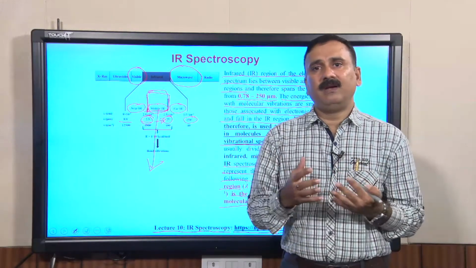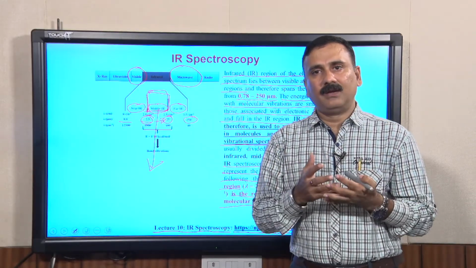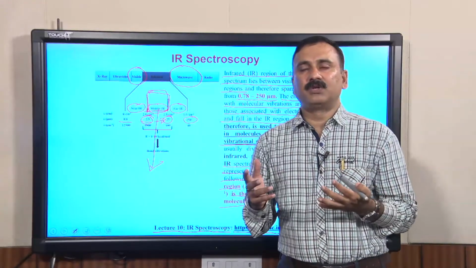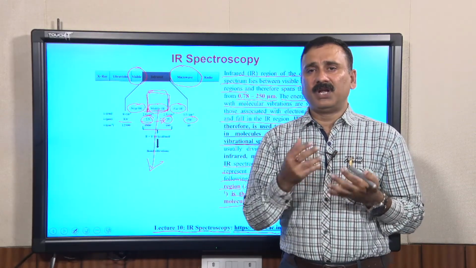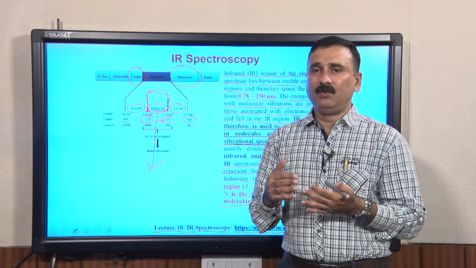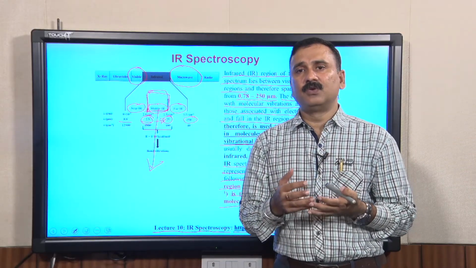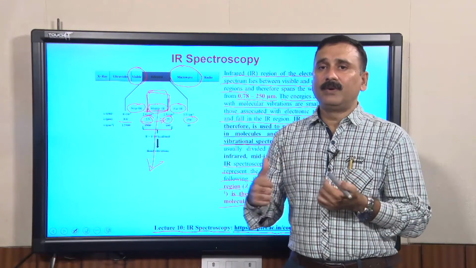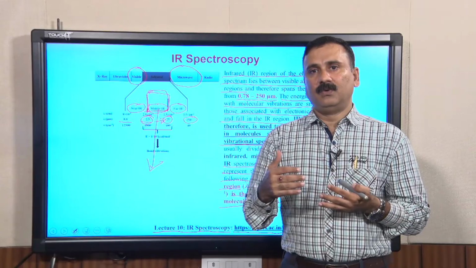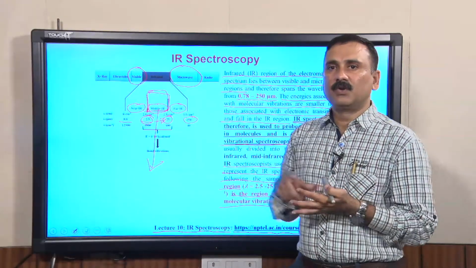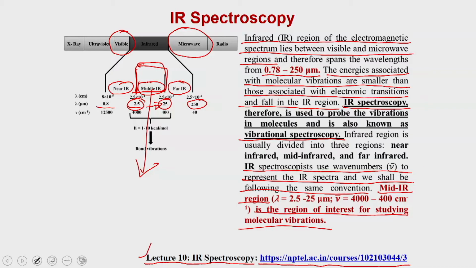What I am showing you is a very small overview of IR spectroscopy and its potential, so that if you are interested in using IR spectroscopy to characterize functional groups, you will be able to do that. But if you are interested to learn more, I suggest you go through lecture 10 of our NPTEL lectures, which will give you more detailed information about IR spectroscopy.